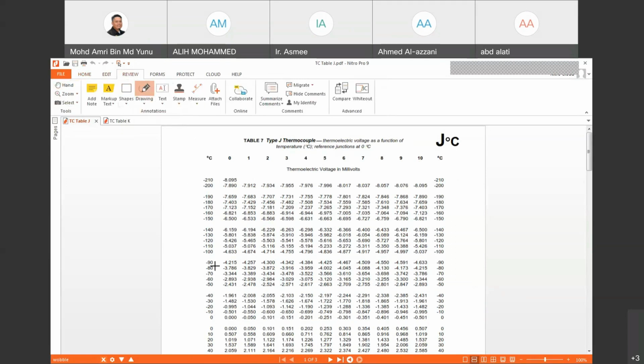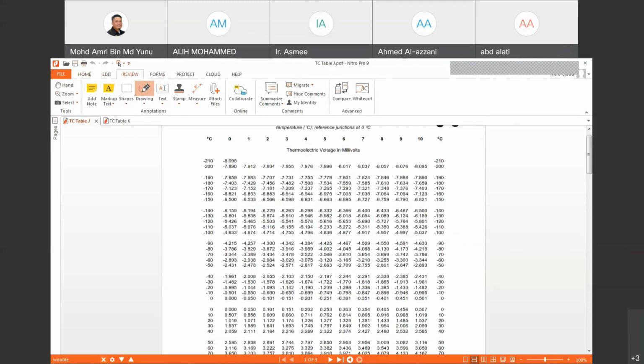Then we will find the output in millivolts based on the temperature that we measure on the left column and then the top row.